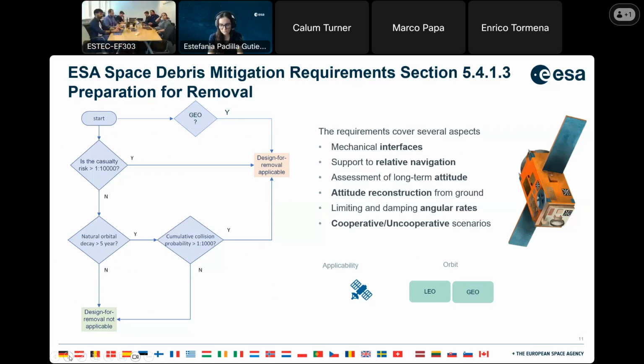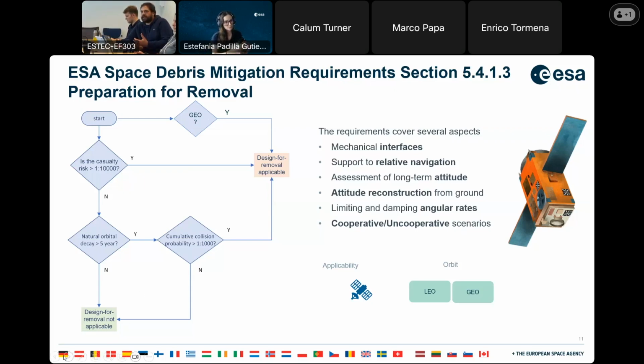Here, I will not go into the details of the requirement, but just try to highlight the main important point. The important point here is that these requirements are applicable for LEO and GEO. In the image that you can find on the left, you can see all the rationale and all the application of the requirement. But here it is important to define the boundary of the applicability of this requirement.